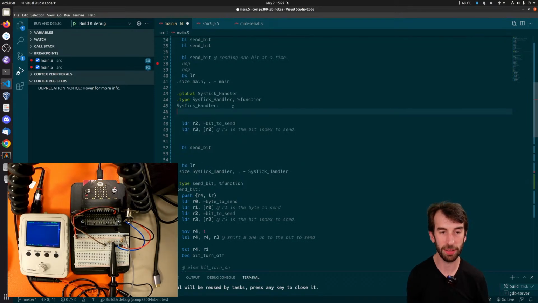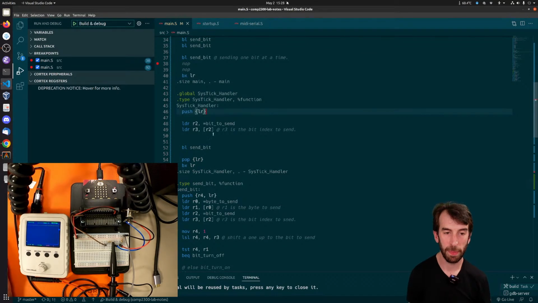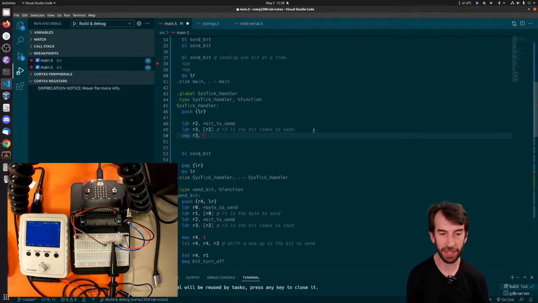Okay, got to again push LR because I'm using LR. Pop LR as I'm using another function call. Okay, we'll compare R3 to 10. 0, 1, 2, 3, 4, 5, 6, 7, 8, 9. It's actually got to be greater than 9 or greater than or equal to 10.